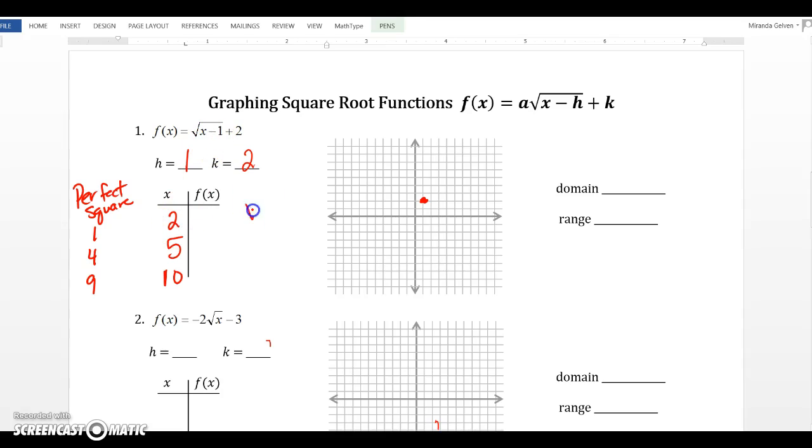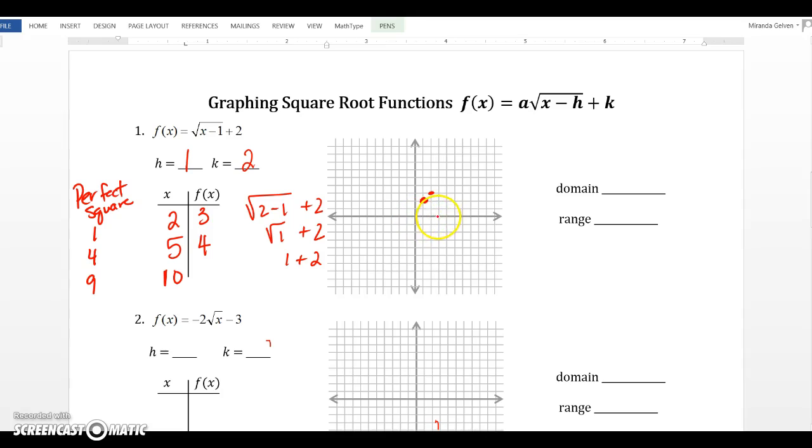So I get the square root of 2 minus 1, plus 2, which is the square root of 1 plus 2. 1 plus 2 is 3. So I get a coordinate at 2, 3. If I plug in 5, 5 minus 1 is 4. Square root of 4 is 2. 2 plus 2 is 4.